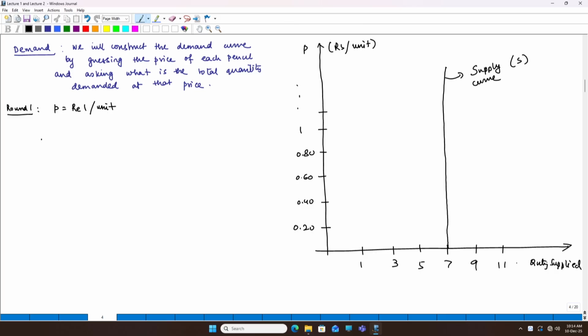So, I will put buyer 1 here. Buyer 1 may choose not to buy. Buyer 1 may choose to buy 1 pencil, he may choose to buy 2, he may choose to buy 3, he may choose to buy 4 and so on, right. And we will similarly put the buyers here, buyer 2 and buyer 3.